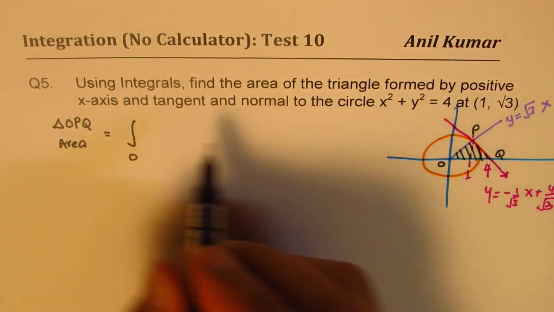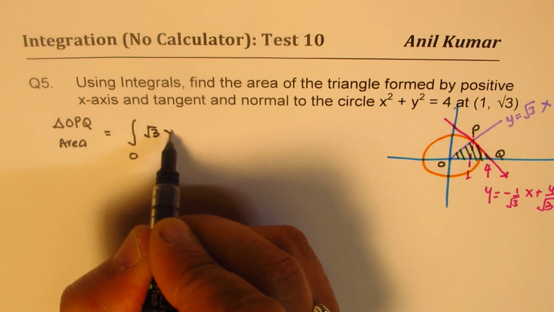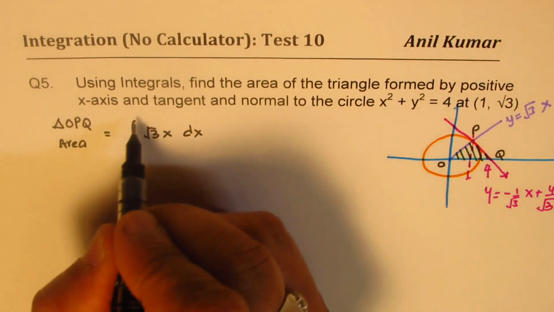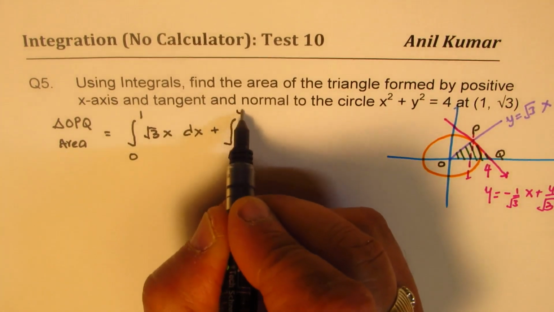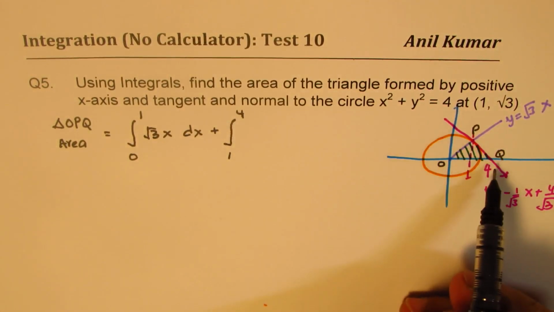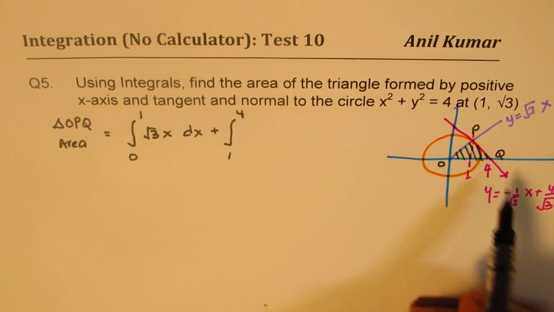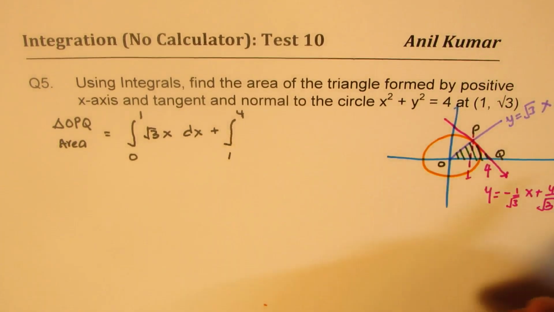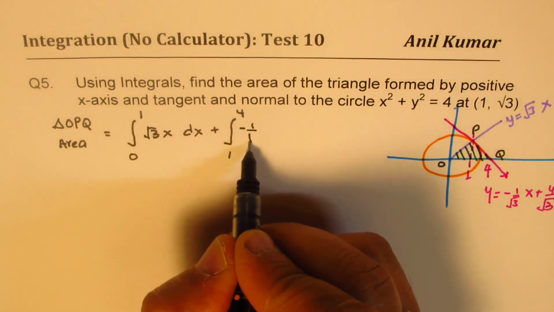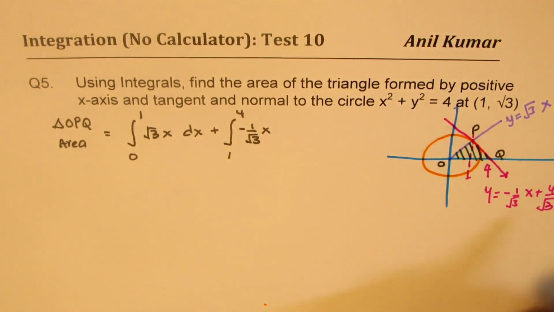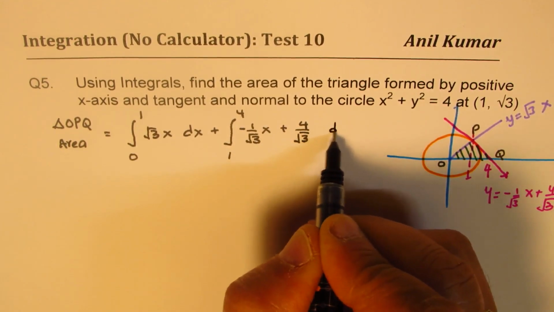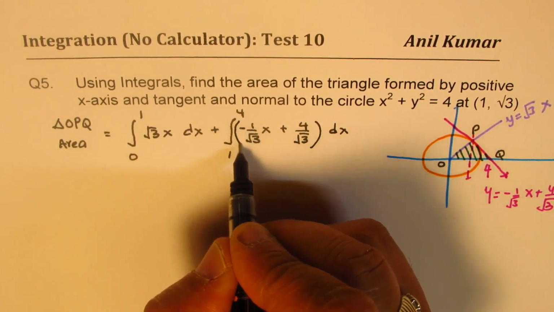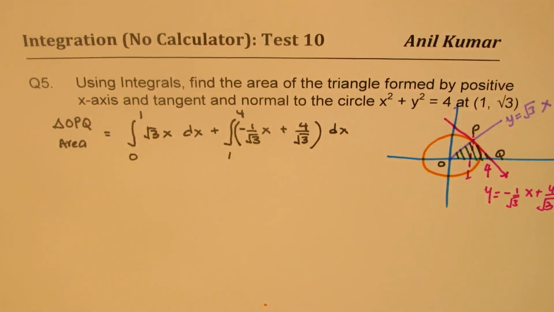So it is y equals to square root 3x dx from 0 to 1 plus integral 1 to 4, the area under the tangent line, which is minus 1 over square root 3x plus 4 over square root 3 dx. Correct? So that should give us the total area, right?